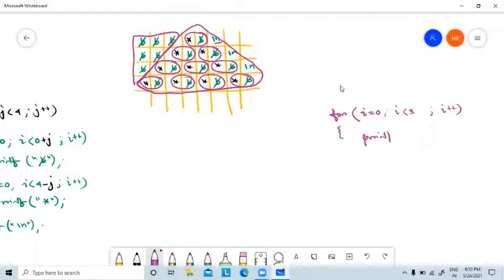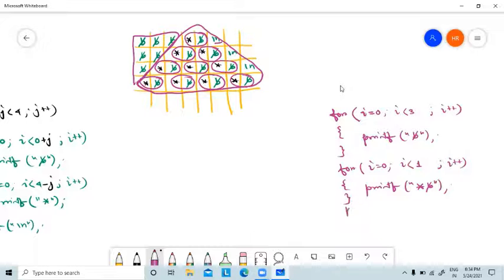This is only for the blank space. Then the next pattern, again a for loop, i equal to 0, i less than 1, i plus plus, and when I am printing a star, I am also printing a blank space. So a star and blank space combination. Then the invisible new line.